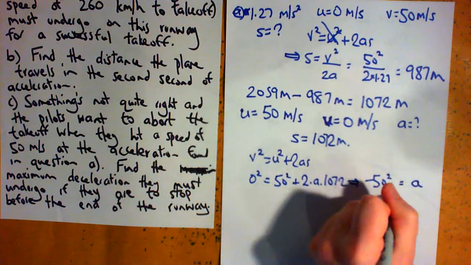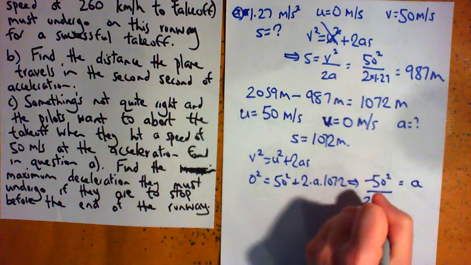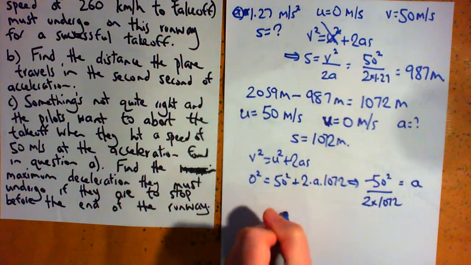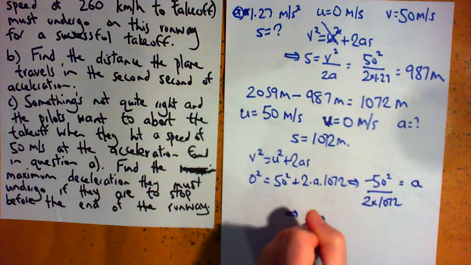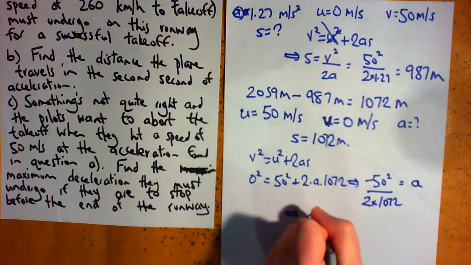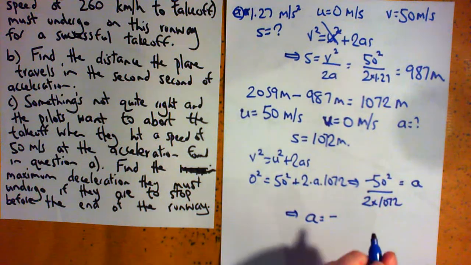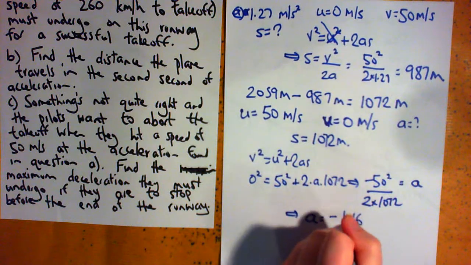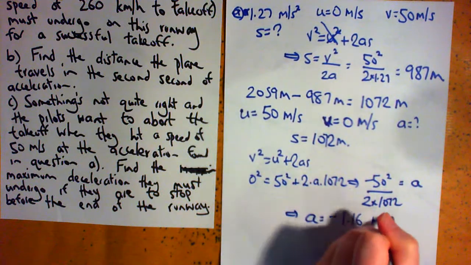So we divide by 2 times 1,072, and we are going to get a negative answer here. That's what we're expecting because the plane is slowing down, and therefore it's going to be a negative acceleration. The value we find to be 1.16 metres per second squared.